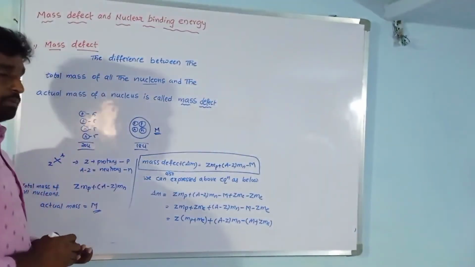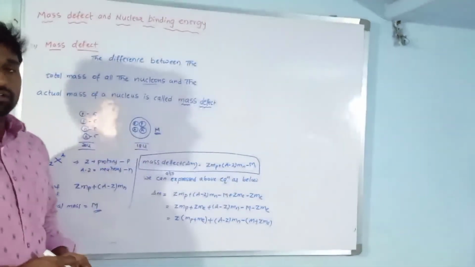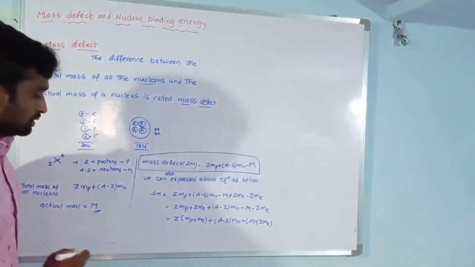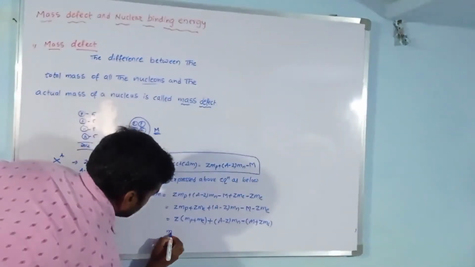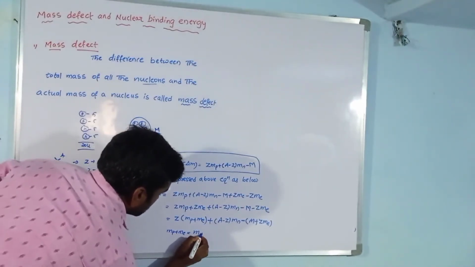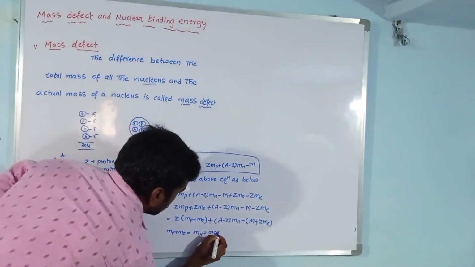It is the mass of the proton plus the mass of the electron, so that is the mass of the hydrogen atom. MP plus Me is the mass of a hydrogen atom.